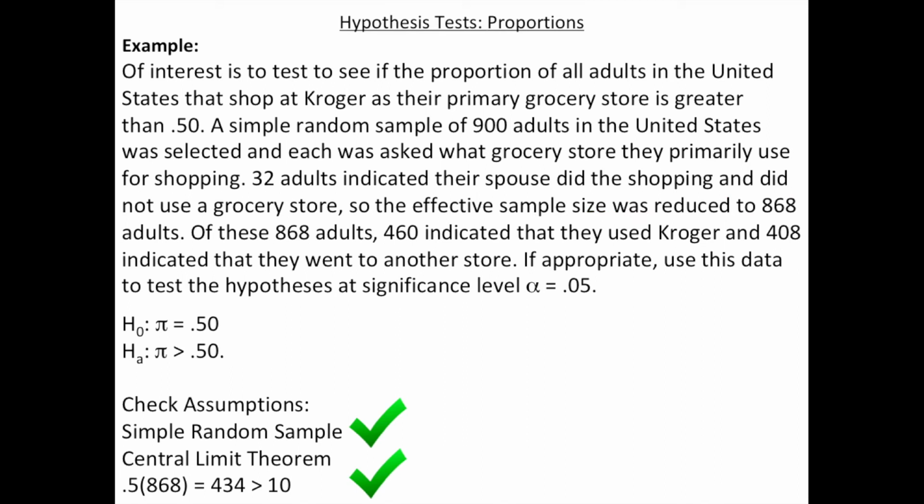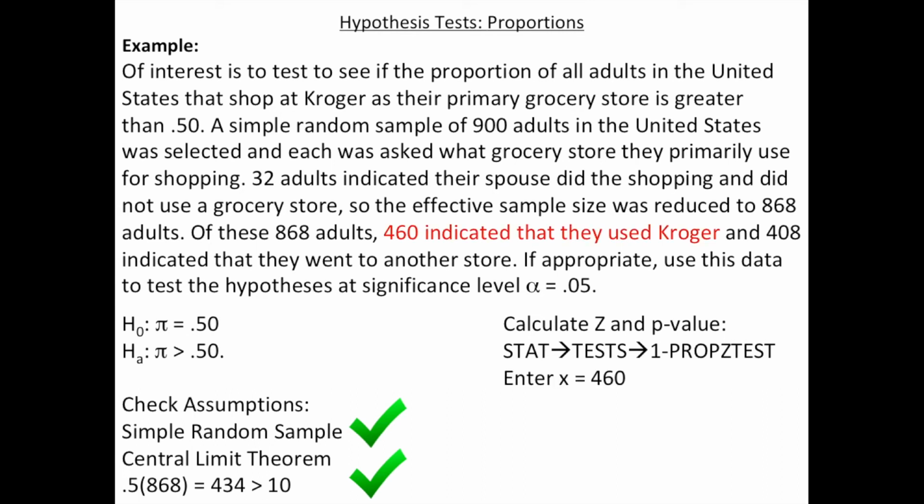Now we can move forward by calculating our z and p-value, and we can do this using a graphing calculator, which we will do in the next video. But you can go to STAT, TESTS, and 1-PropZTest, and you're going to enter your x value, which is the number of successes in the problem. Here we're discussing those that used Kroger as their primary store, so that's 460 adults.